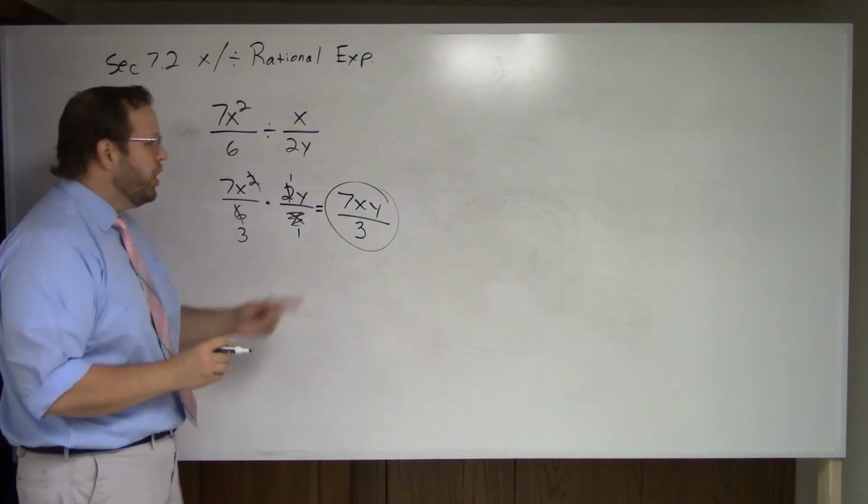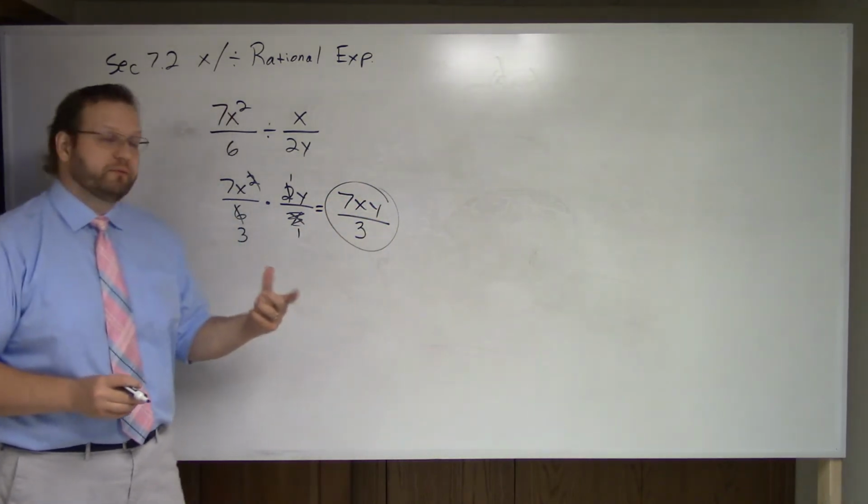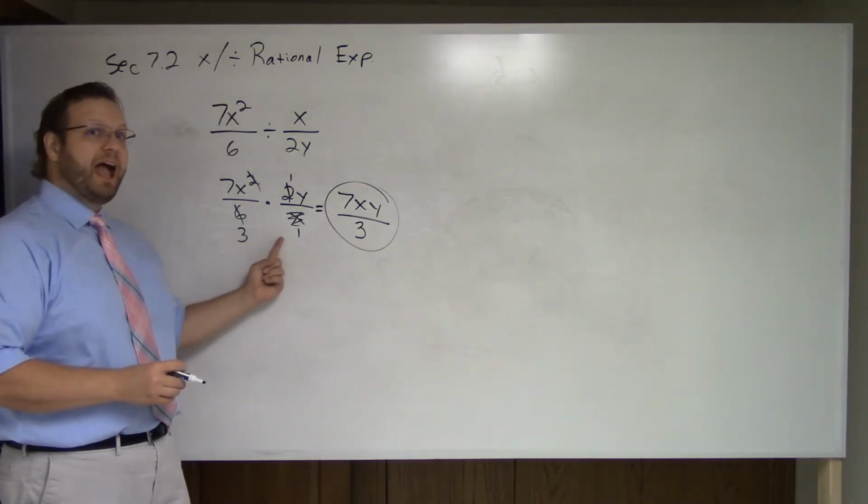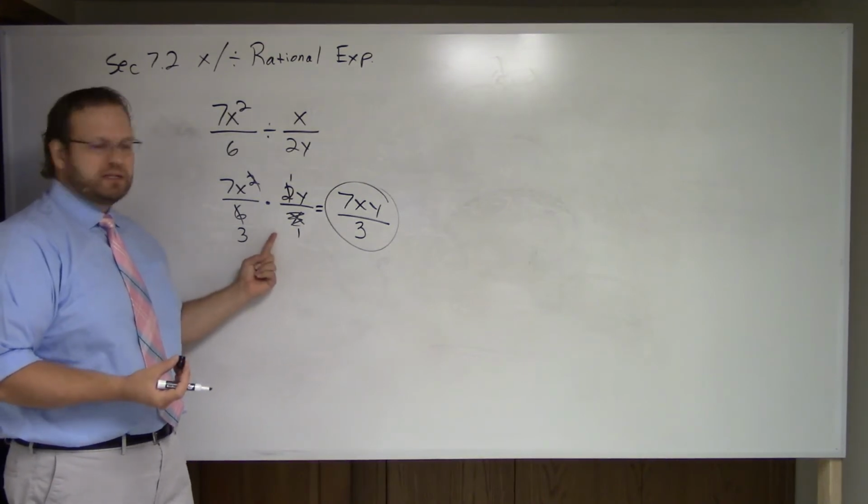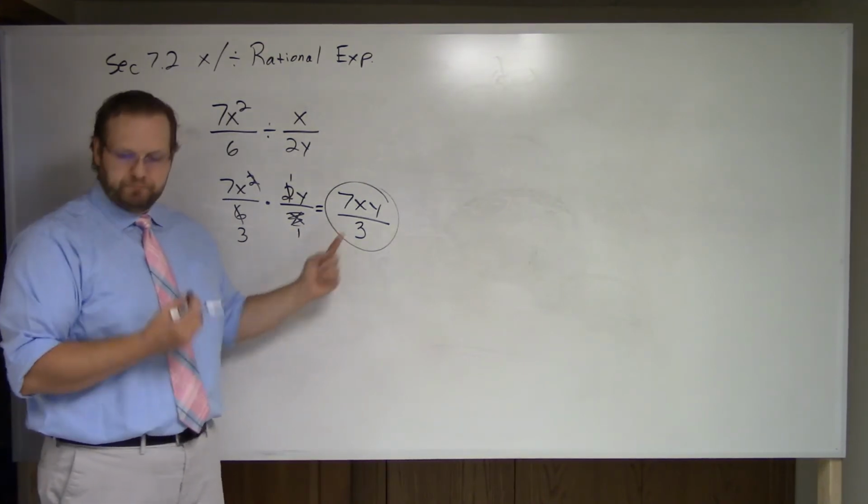And that's it. Always verify that there's nothing more to simplify. You should be able to simplify everything you can over here, but if you miss something, you can always simplify at the end. Let's look at another one.